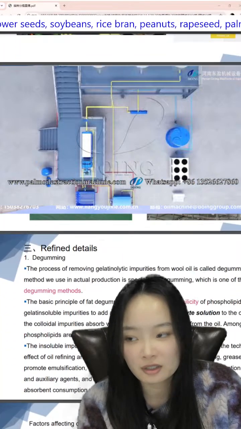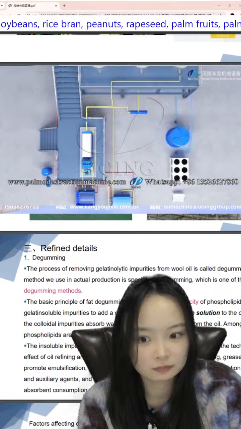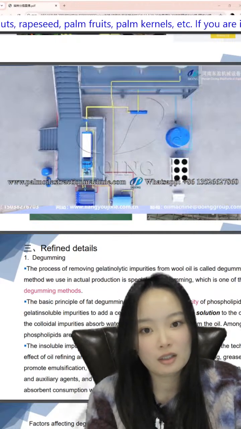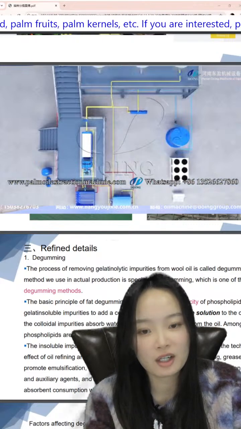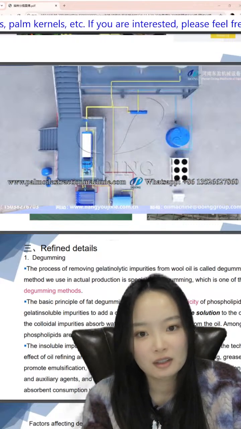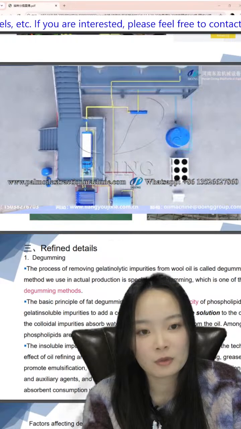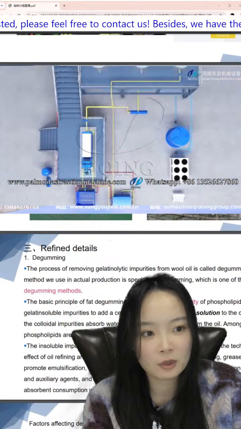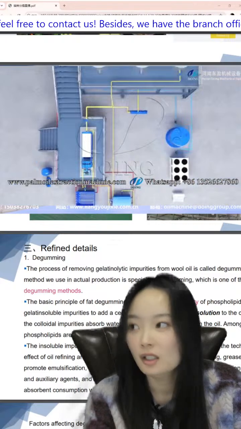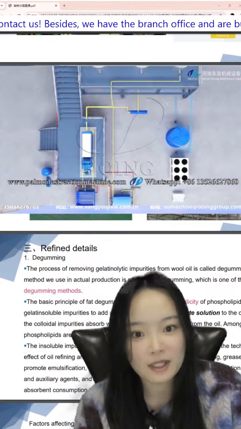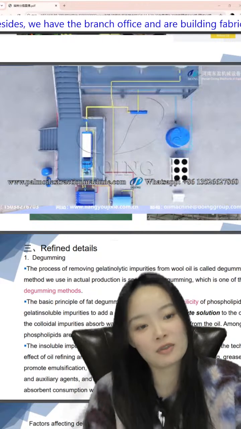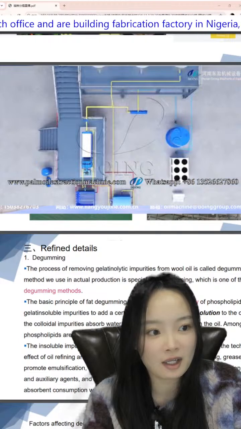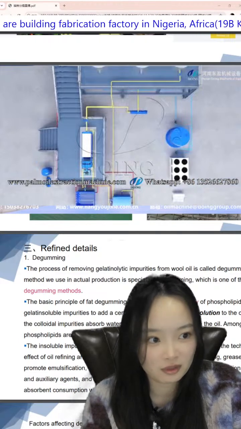And next part. There are some refining details. In the degumming, the process of removing glycerol impurities from whole oil is called degumming. The method we use in actual production is special wet degumming, which is one of the hydraulic degumming methods.